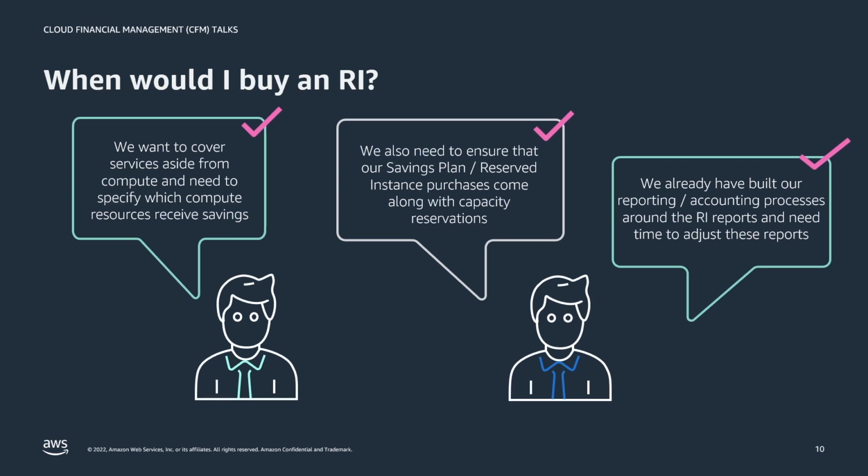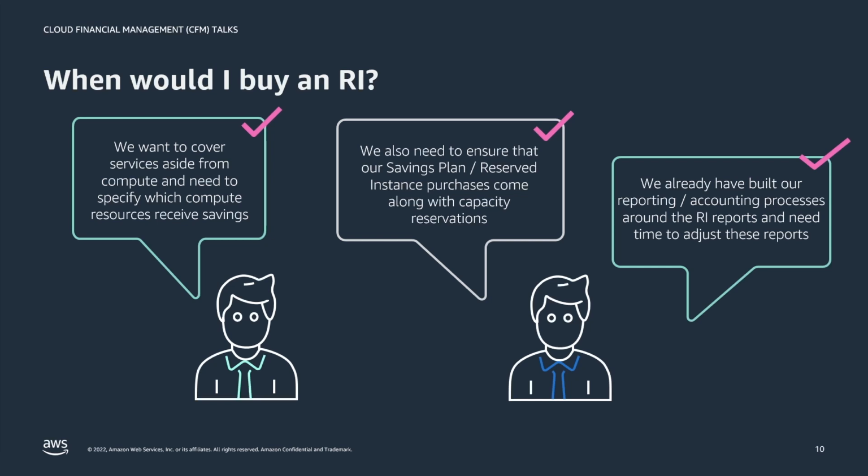We also have something called an ODCR, which is an on-demand capacity reservation that we see people layer on top of savings plans as well to get their capacity needs addressed alongside those savings needs. Either strategy will get you to the same place. It is really a matter of preference whether you would like to take the EC2 standard zonal RI route or a layer of ODCR and savings plan to get there.